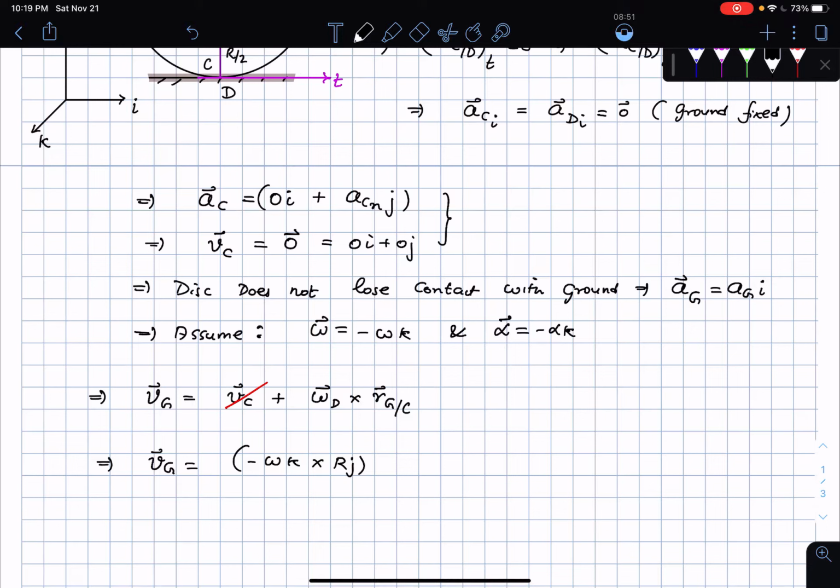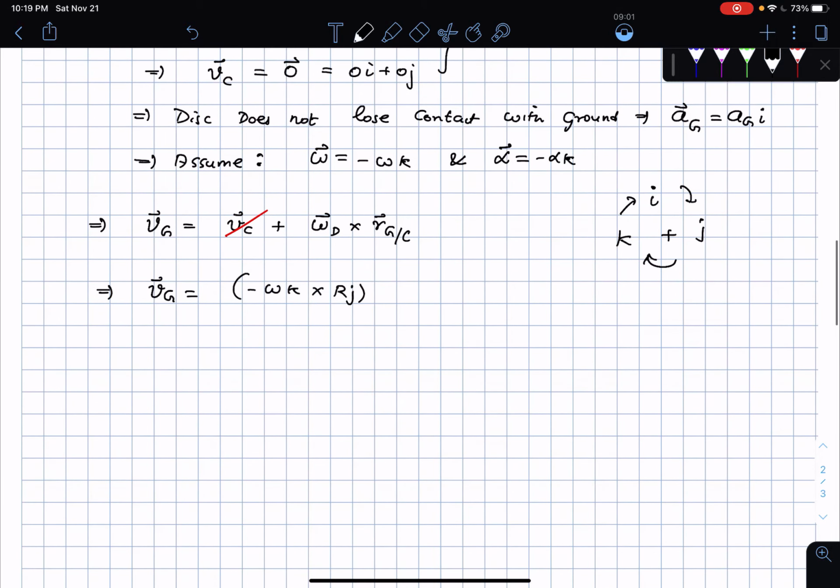K cross J is minus I. You can write your triad, and I'll write that down here. We may need to use that at some point. If I look at my triad, then I end up getting velocity of G is R times omega in the I direction. This is the first result that I get.